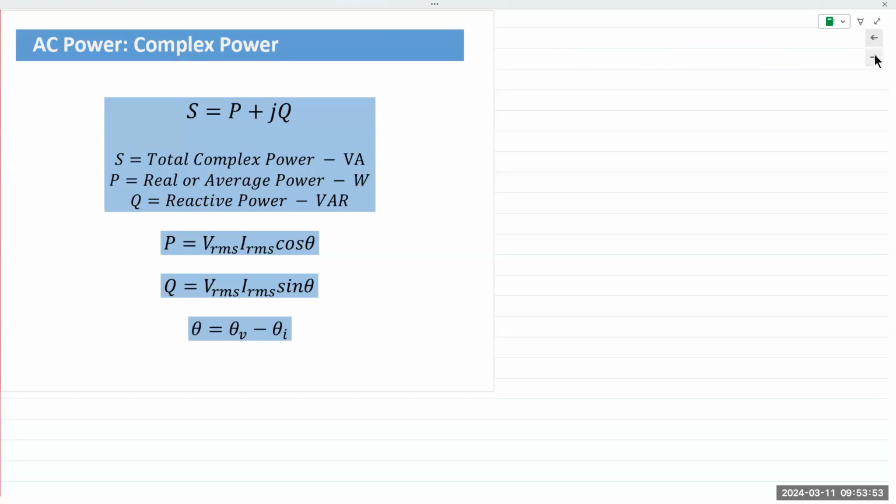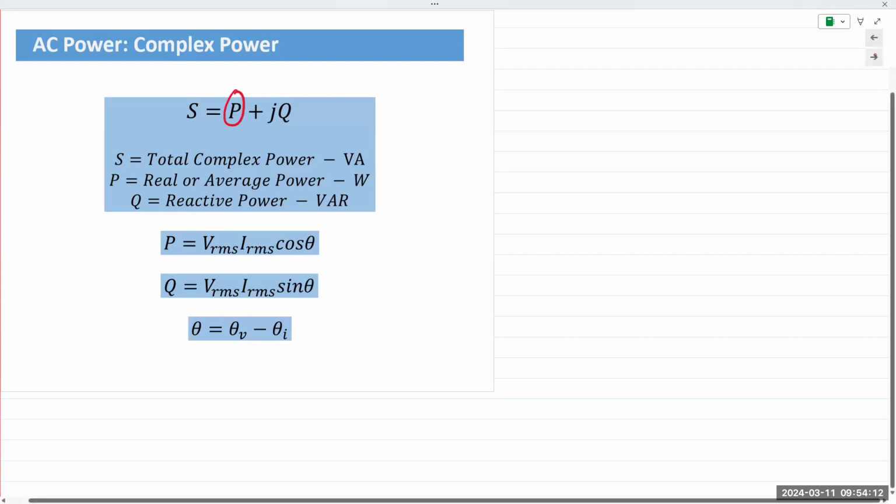It is not imaginary as in, it's not a dream that was summed up by some engineer in the years gone by. Similar to the way reactance is imaginary, we have reactive power, which is imaginary. Real power is represented by P, which we are already familiar with. Reactive power is represented by Q.